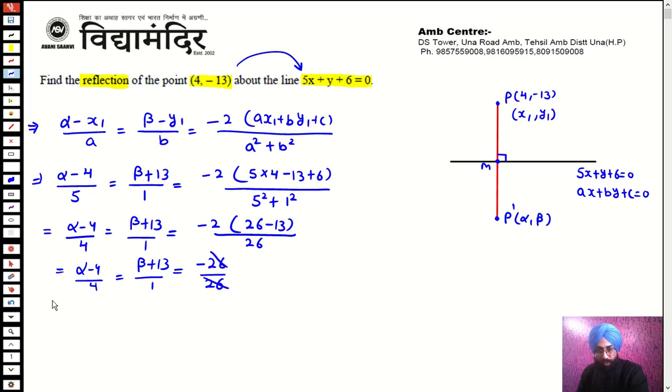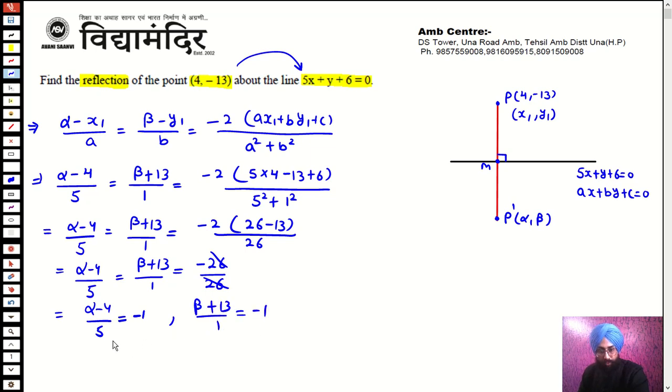These cancel out, so the value is negative 1. Here I think we were getting the wrong value under alpha minus 4; the value given is 5. So equate this relation with this one, equal to negative 1. Beta plus 13 upon 1 is equal to negative 1.